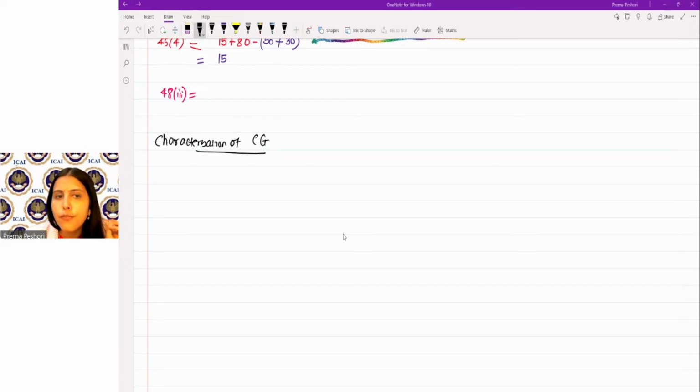Here, 45.4 is a formula-based computation, right? And rule 8AA. Till now what we have done is rule 8AB.